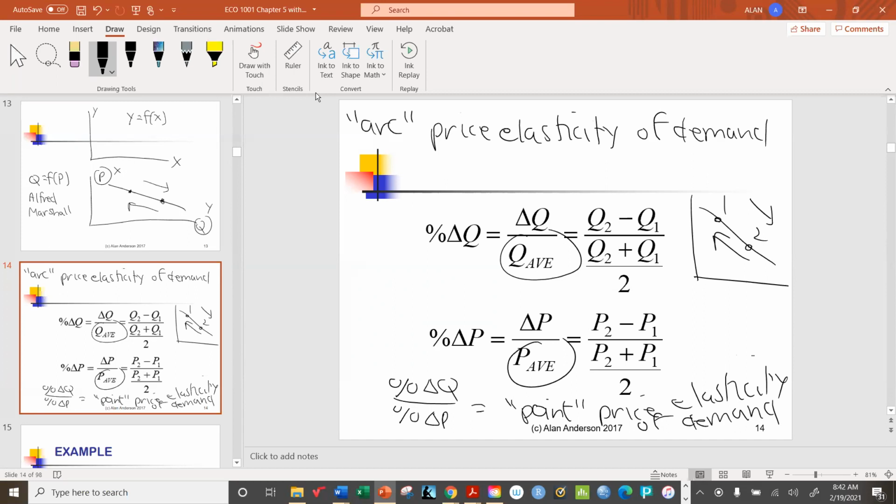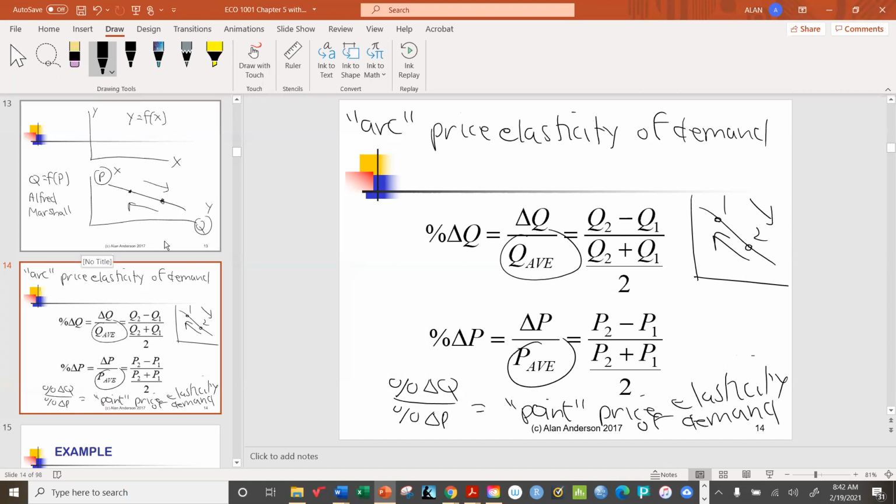So it's not that big of a deal, but if we're moving across a long distance on this demand curve, then the differences could be fairly noticeable. Okay, but it's understood here that we'll be sticking with the arc price elasticity of demand, again, to avoid that problem that it'll be different depending on where we start and where we finish.